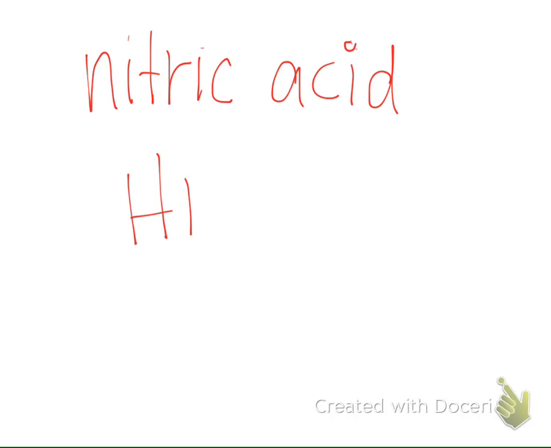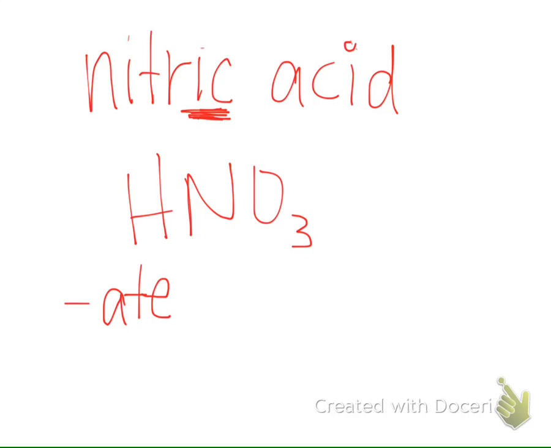HNO3. HNO3. Raise your hand if that's what you had. Good job. Okay, so if we look at nitric acid, we know that the ic ending means we need to have an ATE anion. Then we look at this NO3 and that looks like nitrate. Okay, very good.